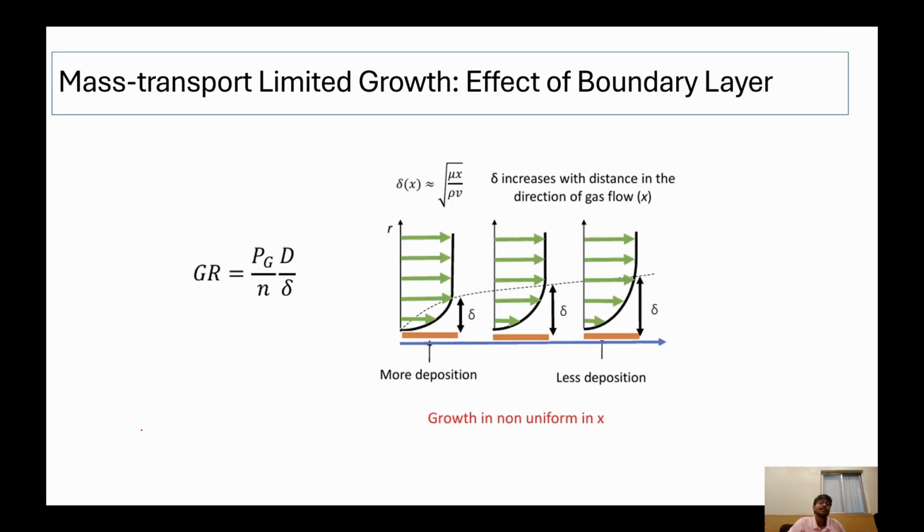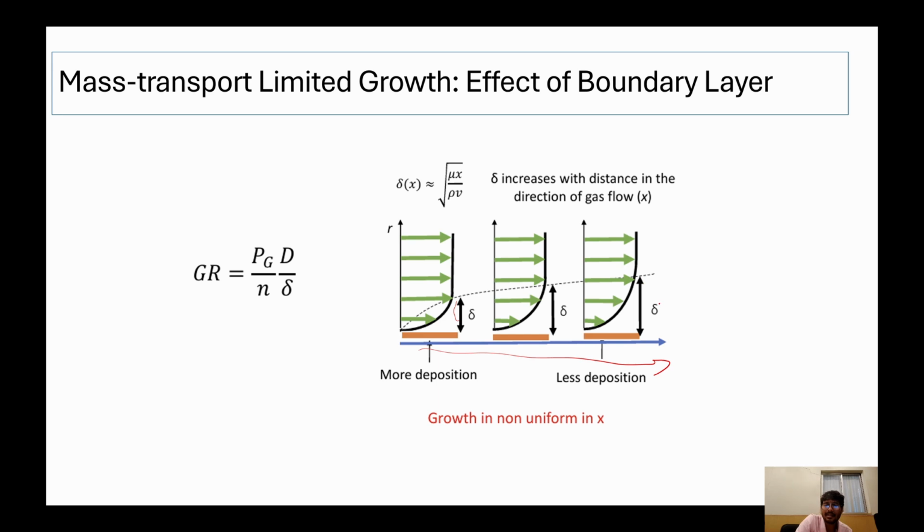Another thing is mass transport limited growth, which is kind of the diffusion. If your material is not getting diffused through this boundary layer, because this boundary layer is also changing with x, this is the direction.